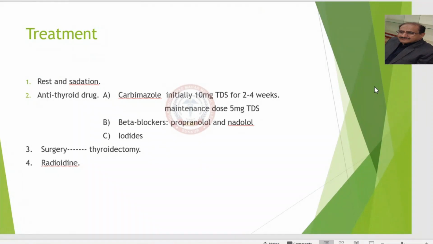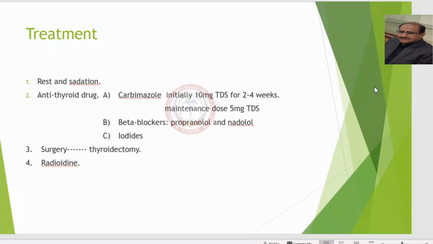So later on, when the thyroid toxicity is controlled by antithyroid drugs, then if the thyroid goiter is larger in size and has the same symptoms, we have to advise surgery. In surgery, we usually use thyroidectomy. Thyroidectomy is of different types, as I told you: the subtotal thyroidectomy, the near total thyroidectomy, and the total thyroidectomy.